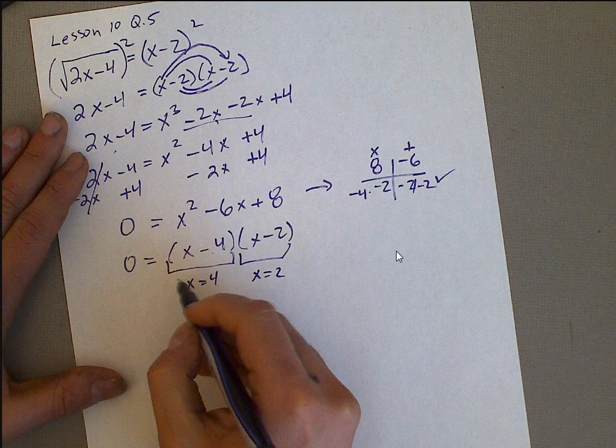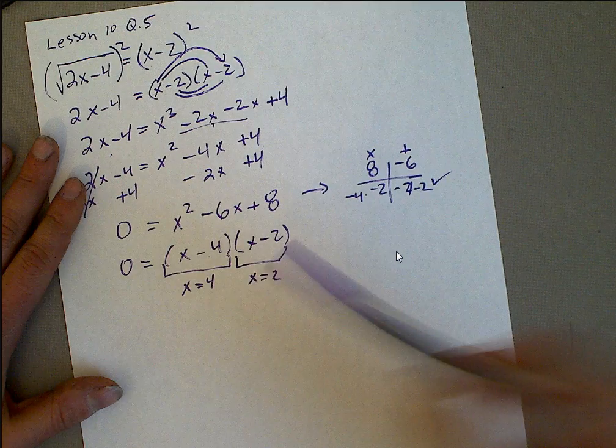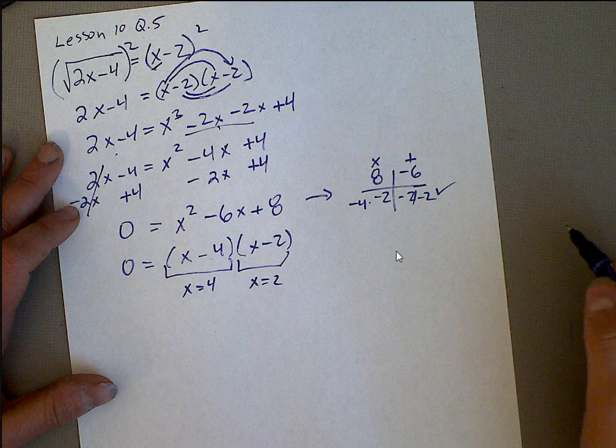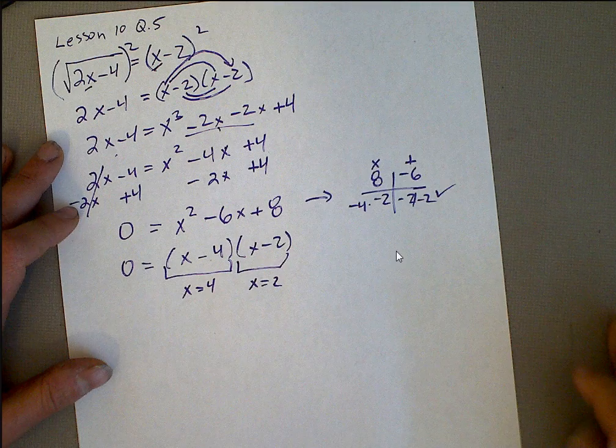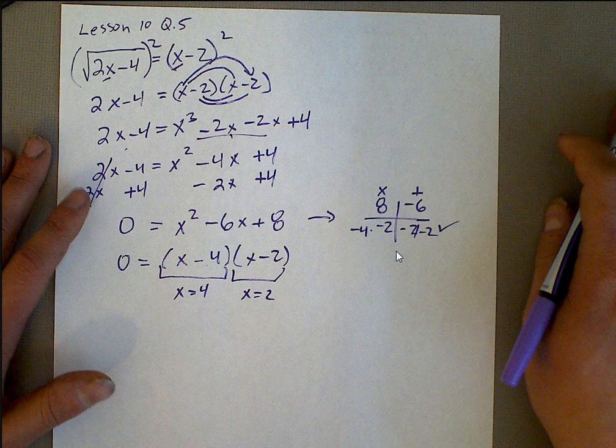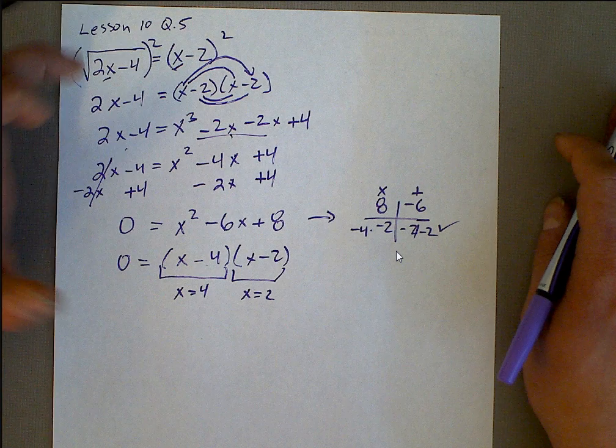The thing we got to be aware of though is these are possible solutions, because sometimes if you have an x outside a square root and another x inside the square root, we could be introducing an extraneous solution, which is actually not going to make the equation true.